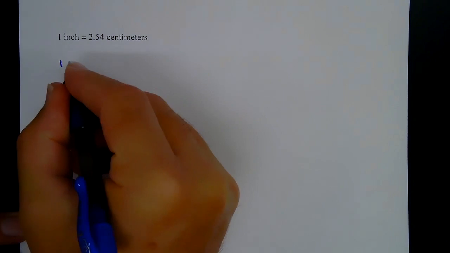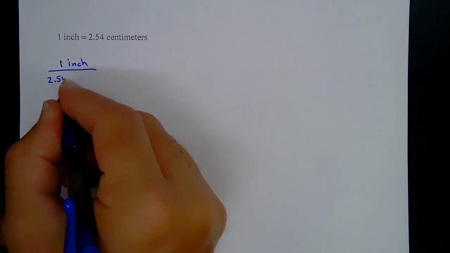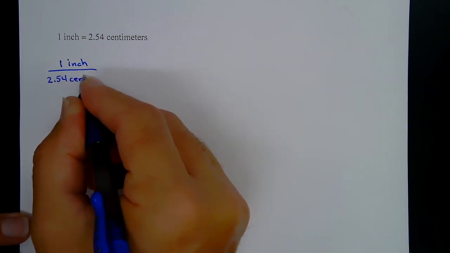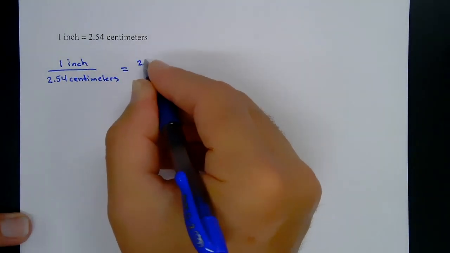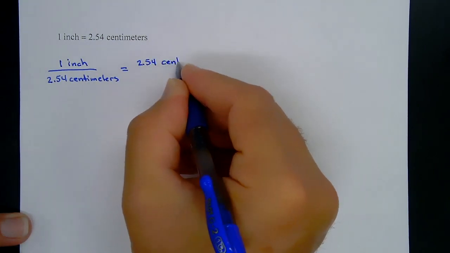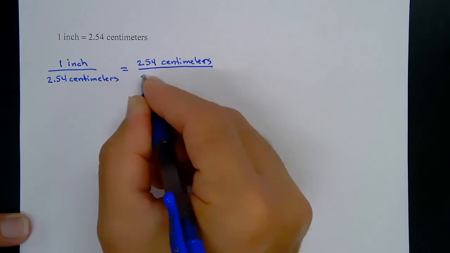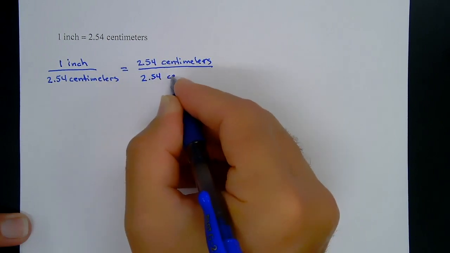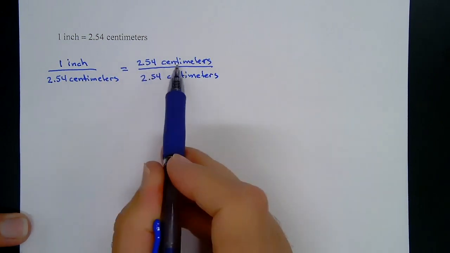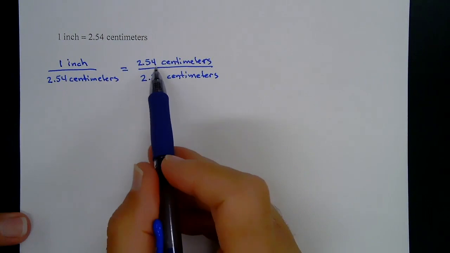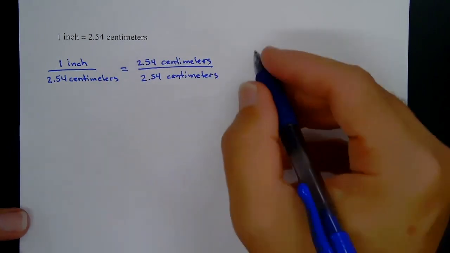So that'd be 1 inch divided by 2.54 centimeters is equivalent to 2.54 centimeters over 2.54 centimeters. So what's 2.54 centimeters over 2.54 centimeters? Well, the numerator and denominator are the same, so this is that big 1 that they talked about in math 1.